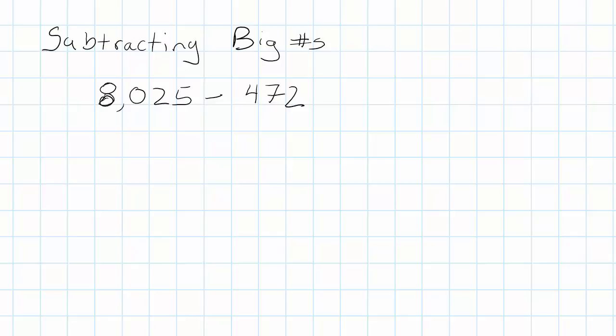Remember, we discovered that subtraction really is just addition run backwards. So we start out by lining up the digits. So 8 thousands, 0 hundreds, 2 tens, and 5 ones. We'll line up 4 hundreds, 7 tens, and 2 ones, and we'll subtract.